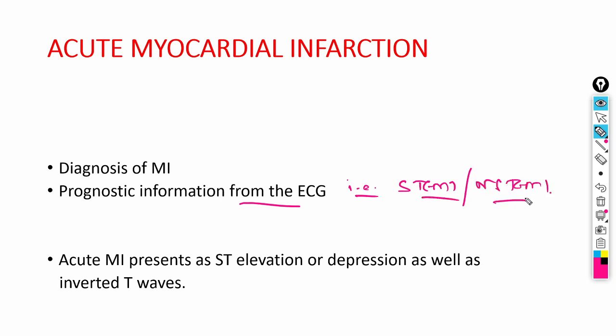ST elevation MI has a grave prognosis. In ST elevation, the degree of ST elevation, depending on the extent of changes, can be quantified as mild, moderate to severe. Acute MI presents as ST elevation or depression as well as inverted T waves.